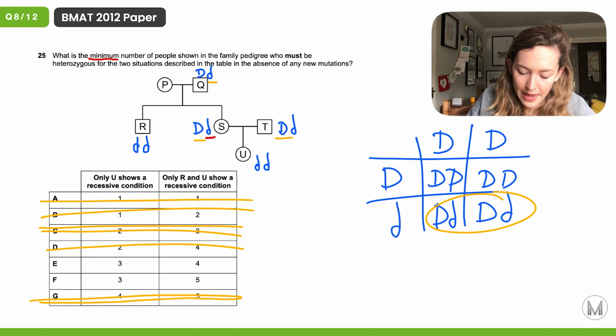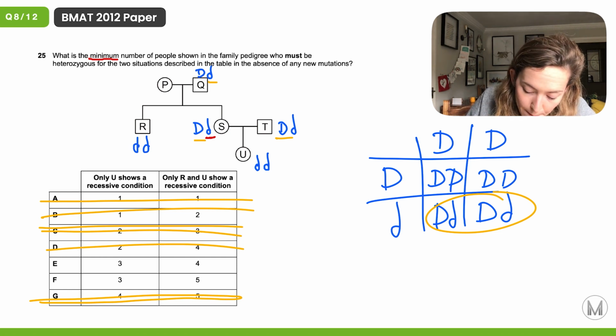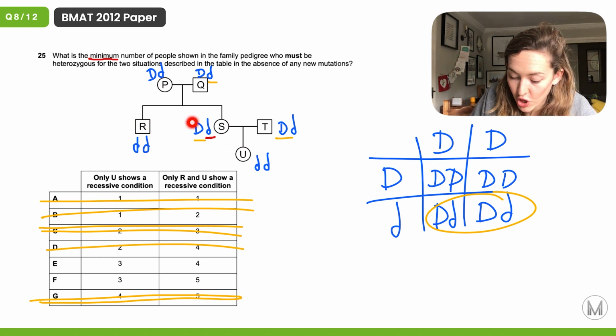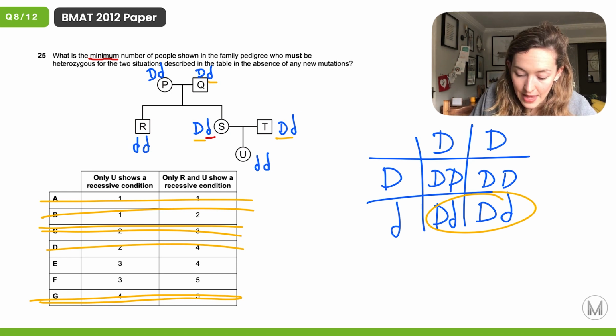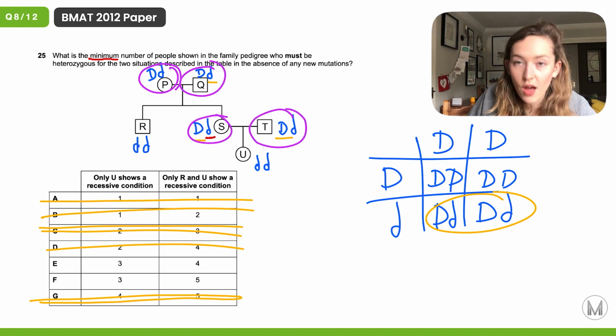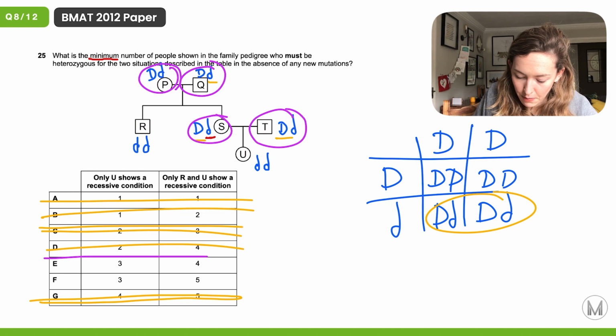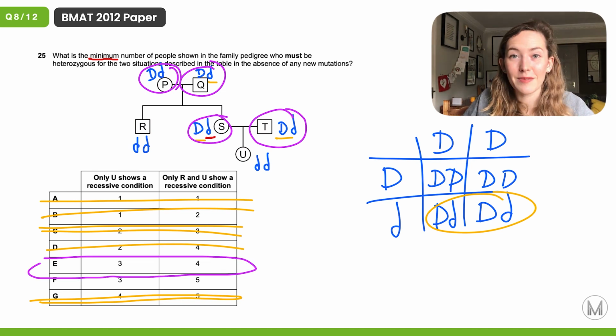Therefore, it's got to have picked up a recessive allele from both P and Q, of course, for the same reasons as we were talking about with U. Okay, in order to be homozygous recessive, and the parents will not be affected, they will both have uppercase and lowercase. Therefore, we can see the minimum here is 1, 2, 3, 4. So my answer is E.